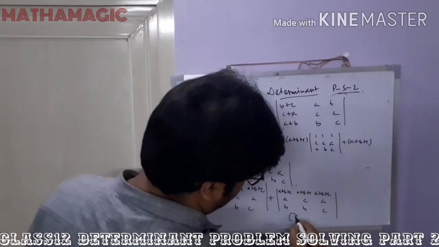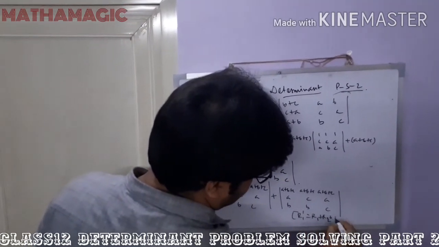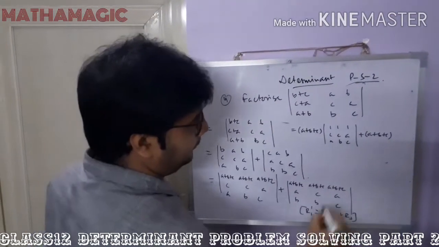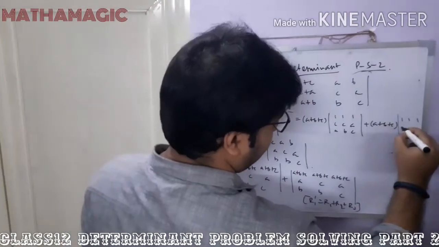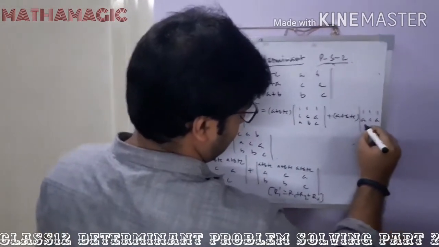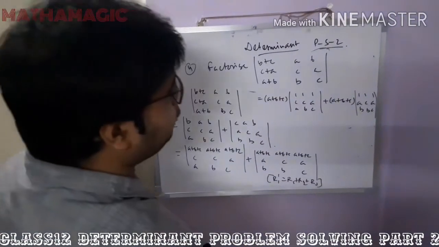We are performing r1 dash equals to r1 plus r2 plus r3 here. So it will be into this determinant will become 1 1 1 a c a and b b c. Now you see we have got row wise 1 1 1.